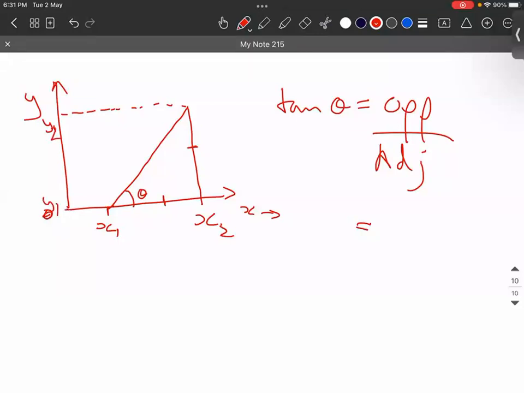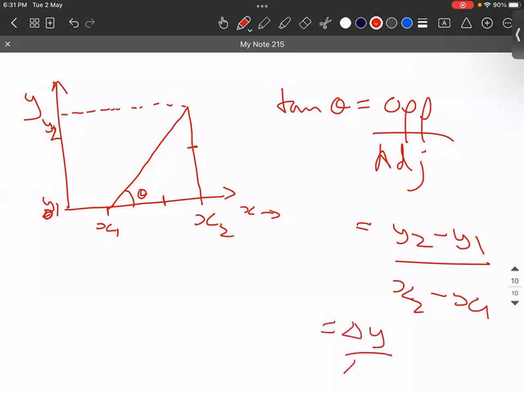Initial is y1, final is y2, so y2 minus y1. And on my denominator, x2 minus x1. Can I call this delta y by delta x? Or can I call this dy by dx? Same meaning, different notation.